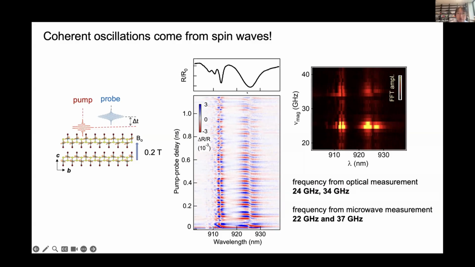And the reason why we know that this peak is shifting is because of this phase flip. And so the way we collect this is we take the delta of pump on and pump off. And so exactly at the peak, we would see no signal, and around it is where we see the most signal. So that's why there's a phase flip around the peak.